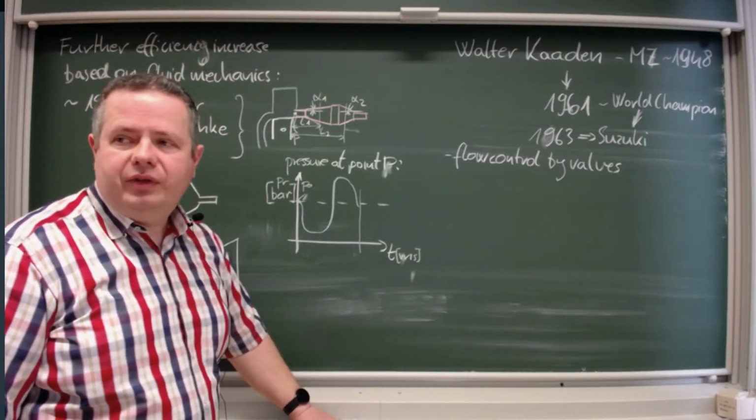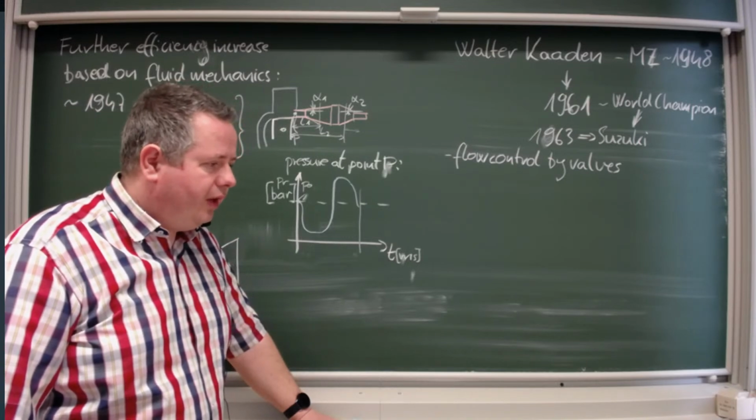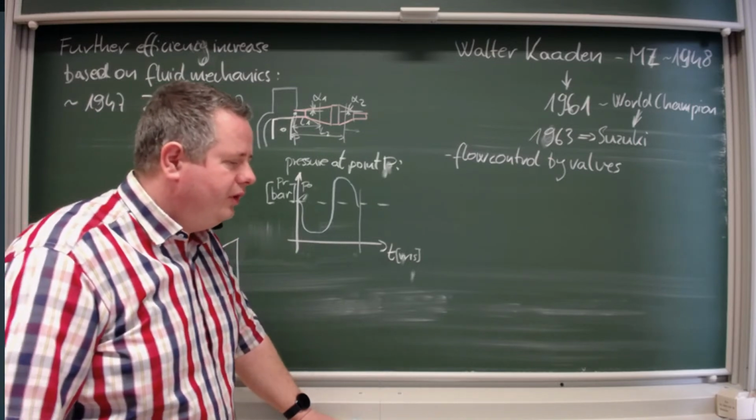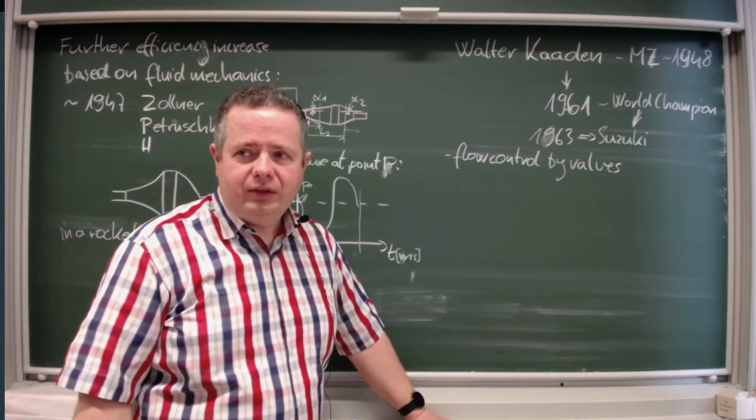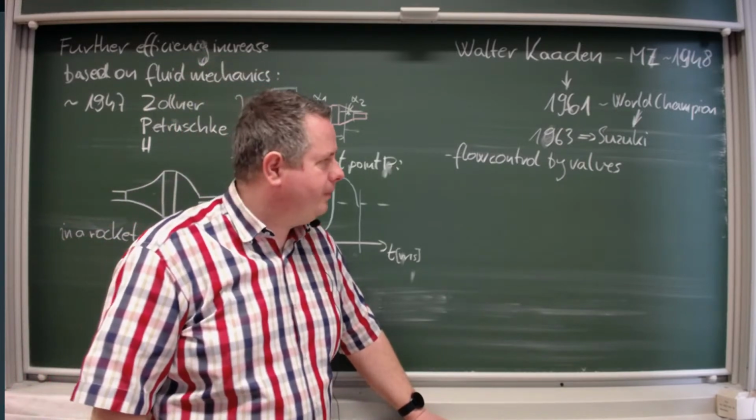What kind of valves do we use here? As we get a mixture of air and fuel, and the fuel contains for sure oil, we don't have problems with lubrication if we are using simple things.